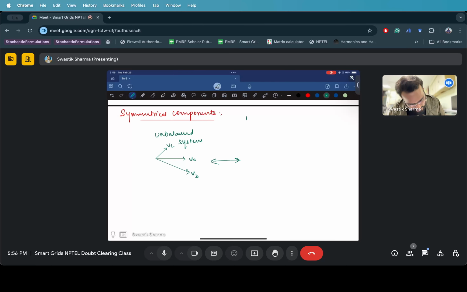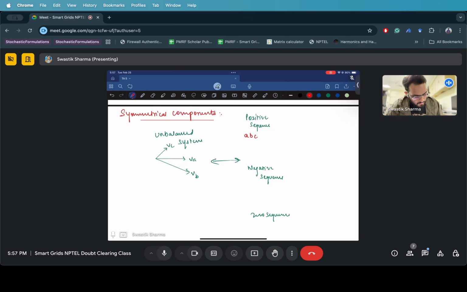So these are positive sequence, negative sequence, and zero sequence, right? Generally, we should have all positive sequence components. What I mean by positive sequence components is that they follow the ABC phase angle difference.